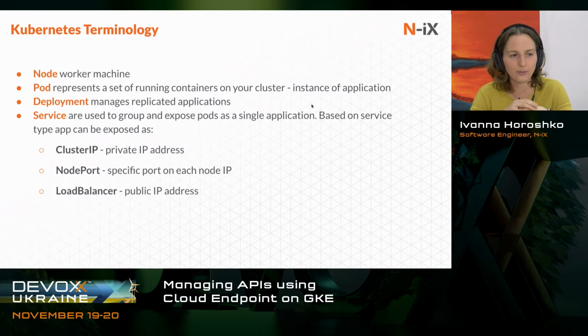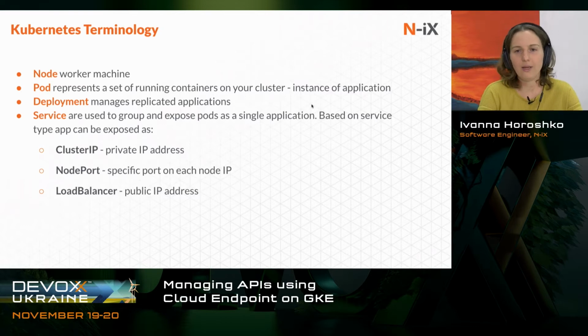That's why there is an abstraction layer called a deployment, and it's responsible for managing a replicated application. What does it mean? Basically, on the deployment, you say, I want this type of pods, and I want that many of them. And then it's the responsibility of the deployment to make sure that you have exactly what you're asking for.